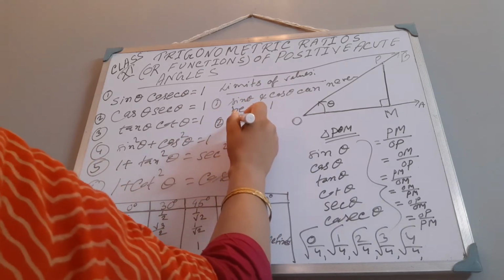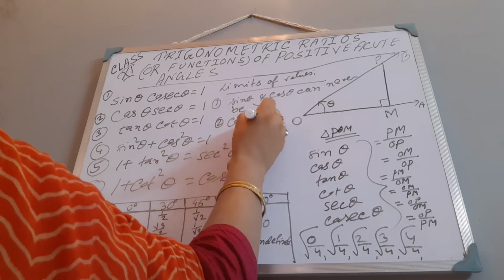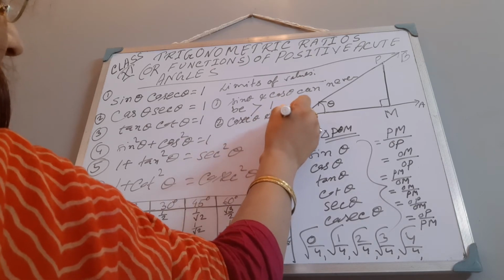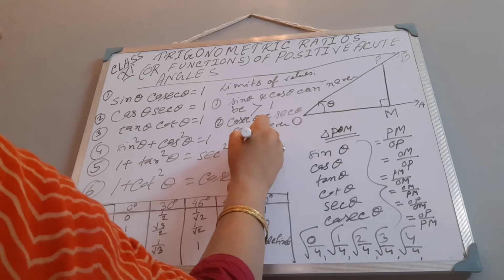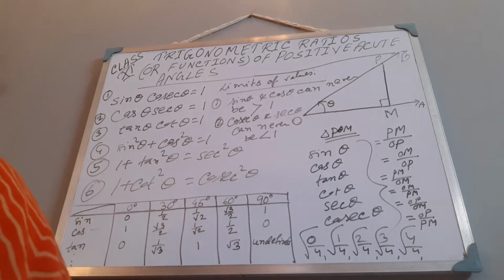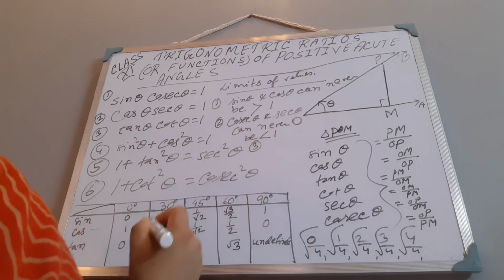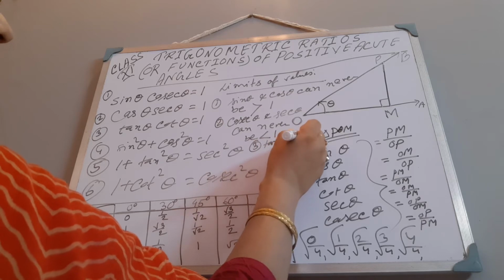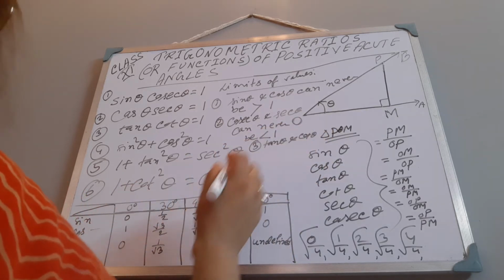Cosec theta and sec theta can never be less than 1. And number 3. Tan theta and cot theta can have any value.